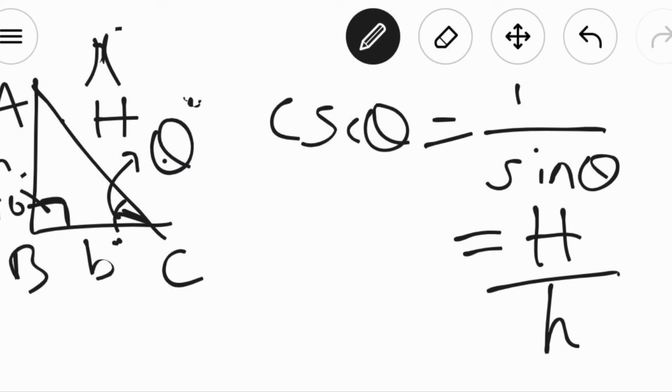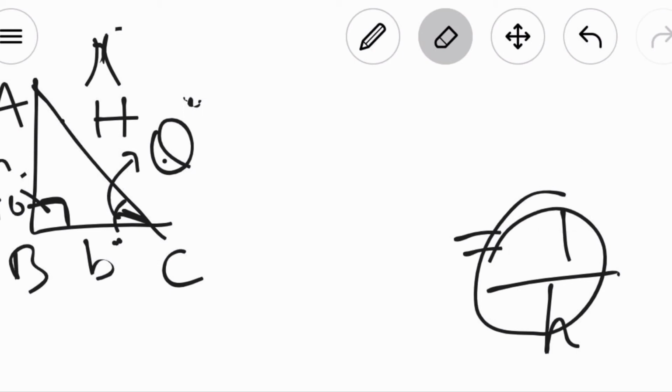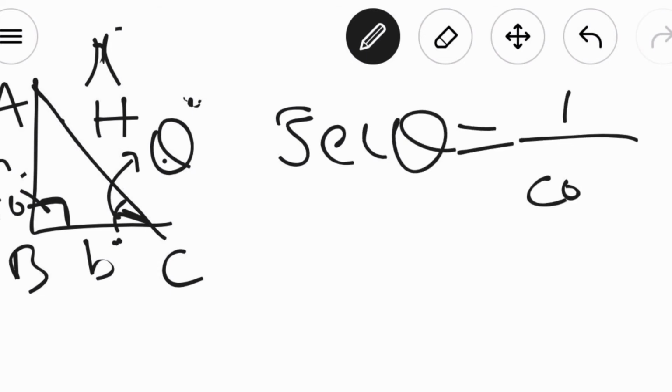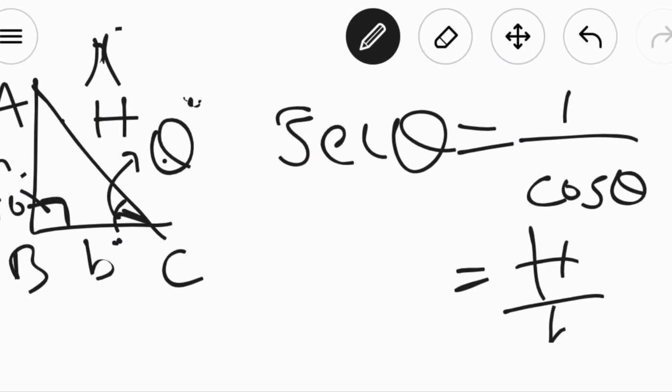That is cosecant theta. The next one is secant theta, which is 1 over cosine theta, the exact inverse of cosine theta. What did we get for cosine theta? We got b over H, so secant theta is capital H over small b. That's it.